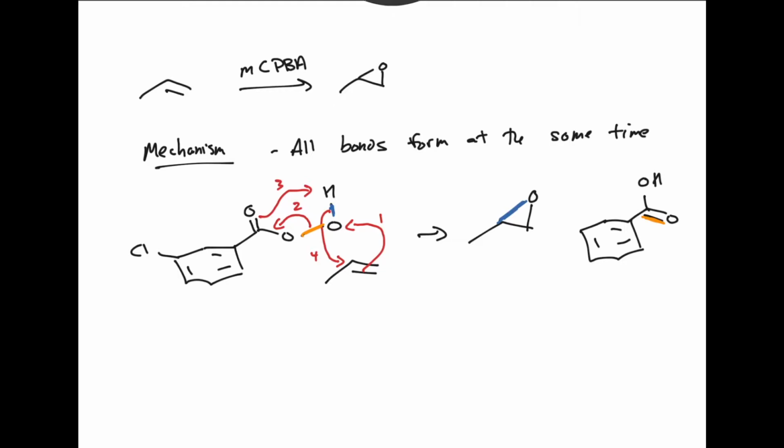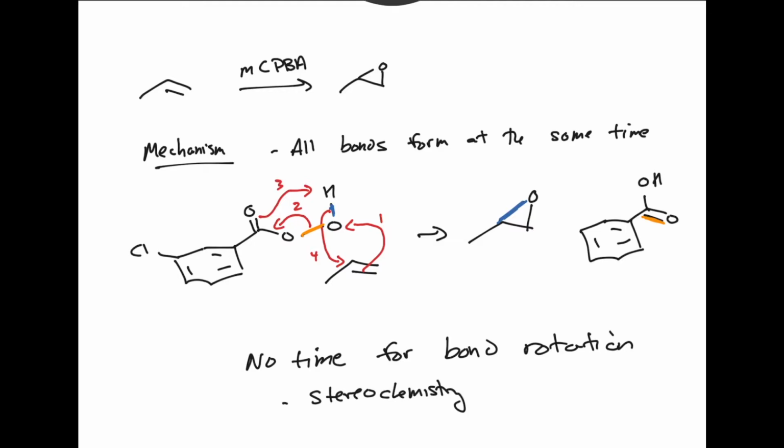The thing that's important to recognize is that because all these electrons are moving at the same time, there's no time for bond rotation, which means the stereochemistry, like the E/Z of a double bond, gets transferred to the epoxide.